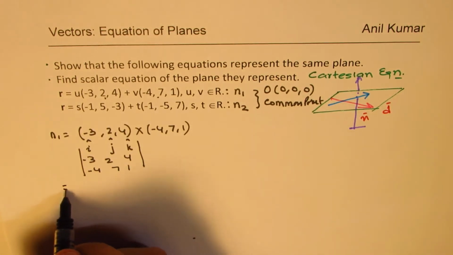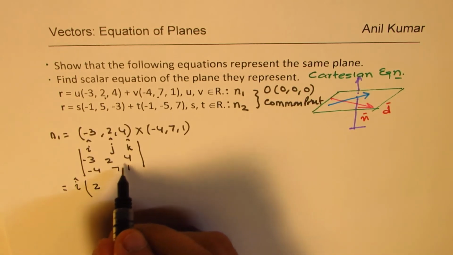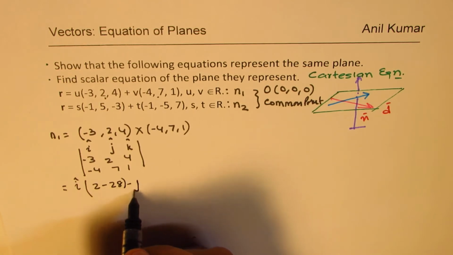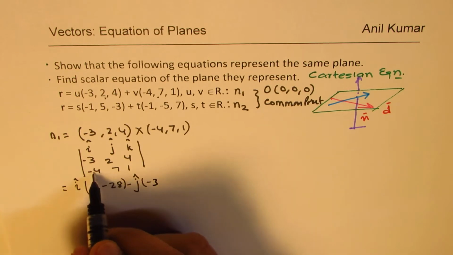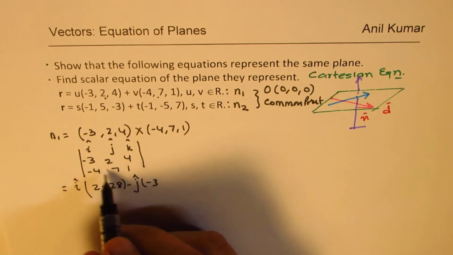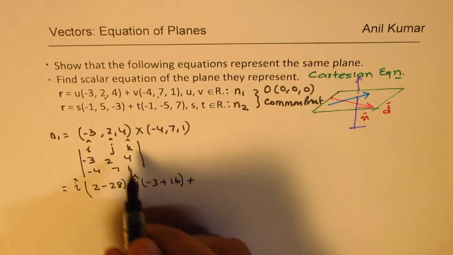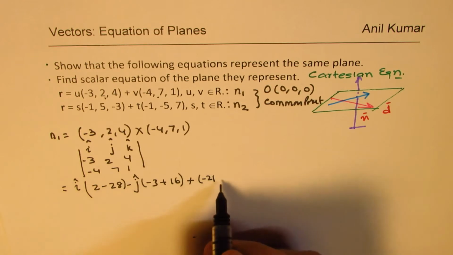Now that gives you i times 2 times 1 minus 7 times 4, which is 2 minus 28, minus j times, that gives you minus 3 minus minus 16, which is plus 16, and then with k we get minus 21, and that becomes plus 8.